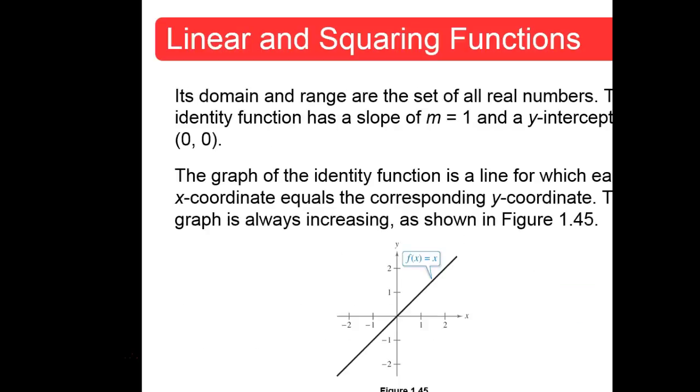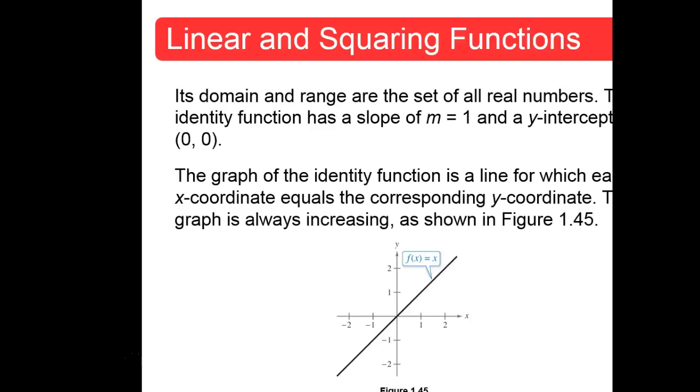The identity function is the function where f of x, y is always x. In other words, give me an x. 0, guess what the y is? 0. Give me another x. 3, guess what the y is? 3. They're always the same. That's why they call it the identity function.